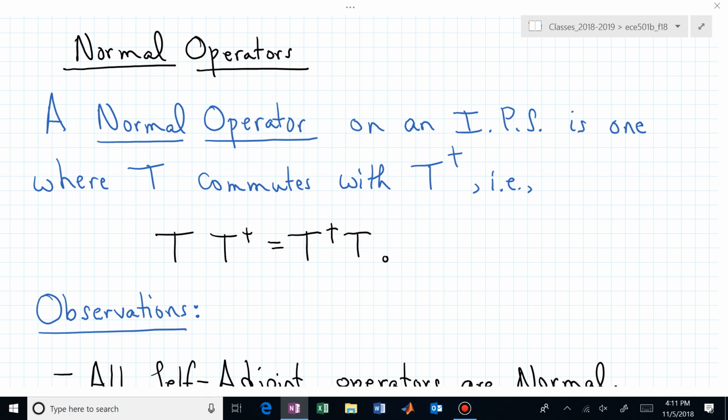I'm just saying on an inner product space in general, it could be either, is one where the operator T commutes with its adjoint, or T applied to T adjoint is the same as T adjoint applied to T. And we know how to apply these linear maps to vectors. So this is saying you cascade these operators, T T dagger equals T dagger T. That means that your map is normal.